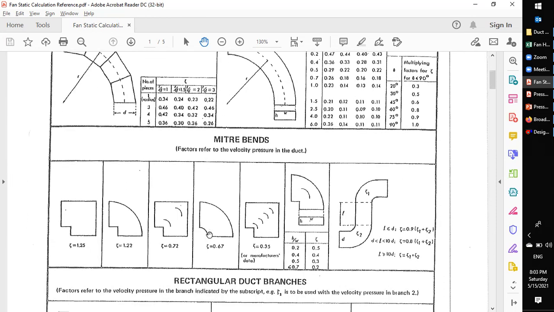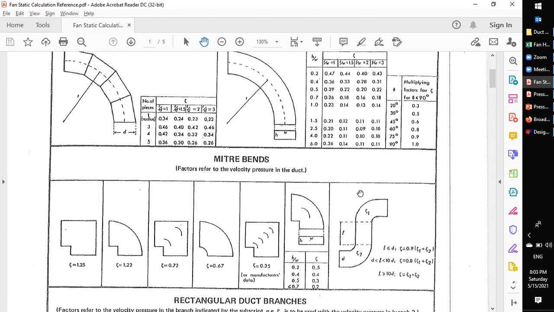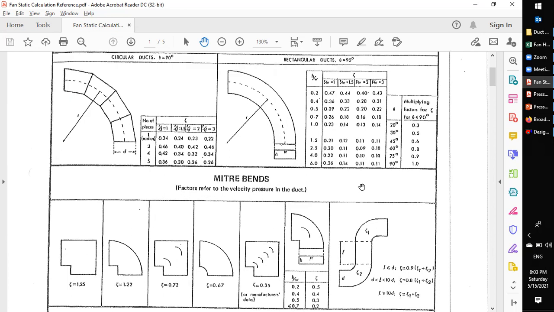And this is your main factor. So this one multiplied by this number, it will give you your appropriate K factor on each different angle. This one is based on 90-degree, height and width, radius there, 0.67.